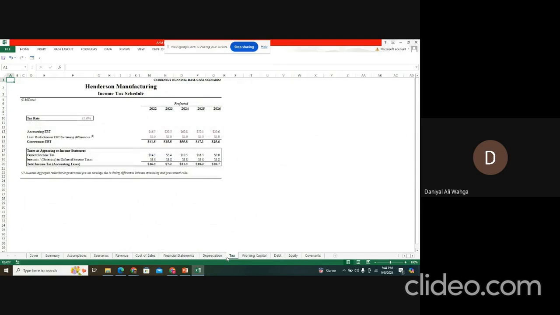Here towards my tax, I get to see my taxation workings, my accounting profit, or you can say taxable profit, EBT. Starting from that, I look towards my timing differences for my deferred tax calculations.